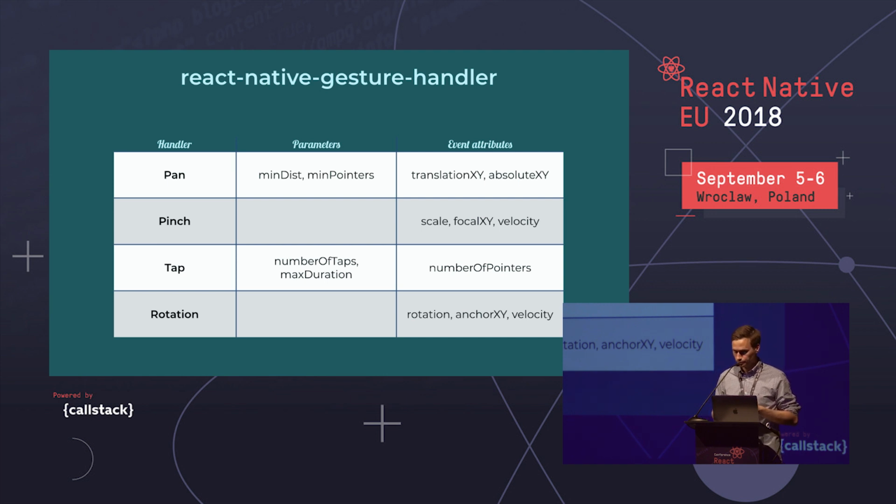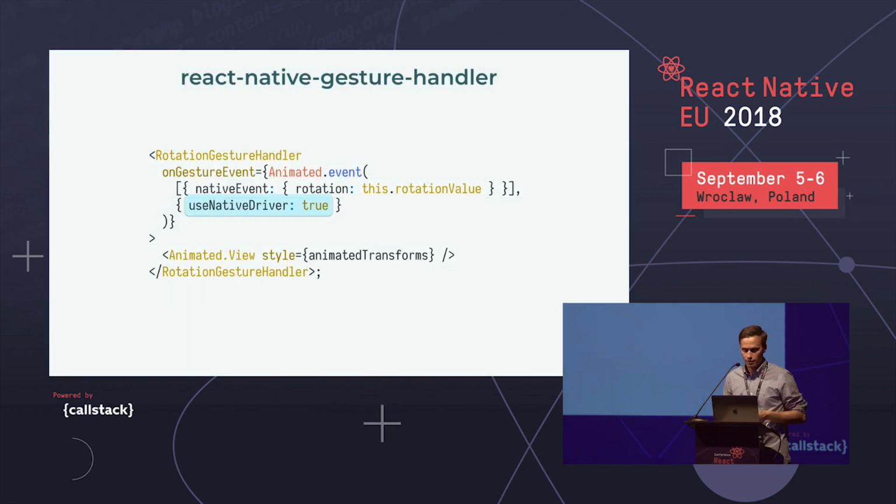So instead of getting raw events, we get things that are related to the type of the handler. For example, for pan, we'll get the translation. For pinch, we'll get the scale. And for rotation, we'll get an angle. So this is how you render that in React. You render the gesture handler component, and it's activated on the view that is directly inside it.